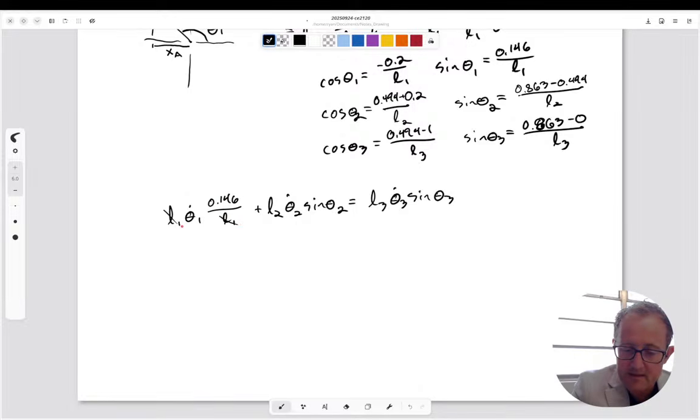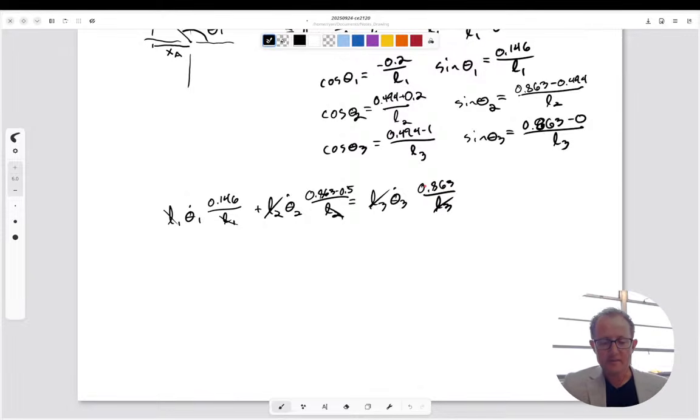Really, the L1s cancel out. And then sine theta 2 was 0.863 minus, I'm going to say 0.5 over L2. And these L2s cancel out. And then sine theta 3, 0.863 over L3. Really, those L3s cancel out. So that's my equation 1.